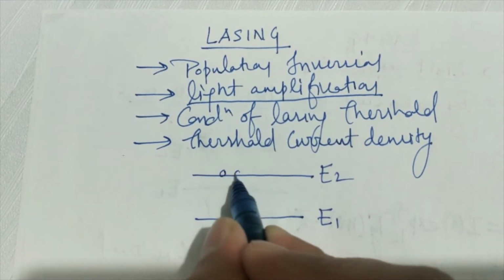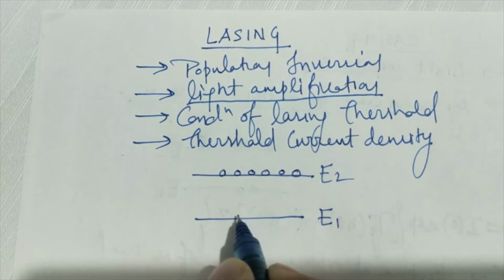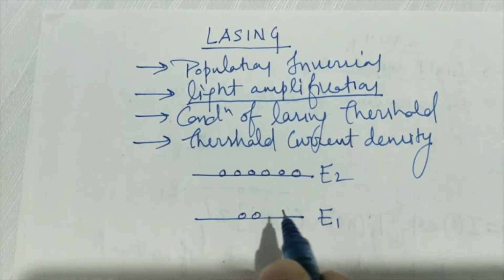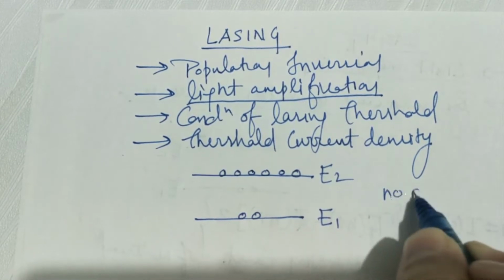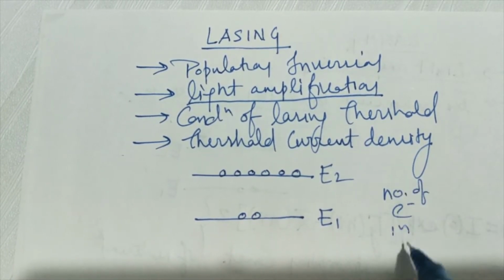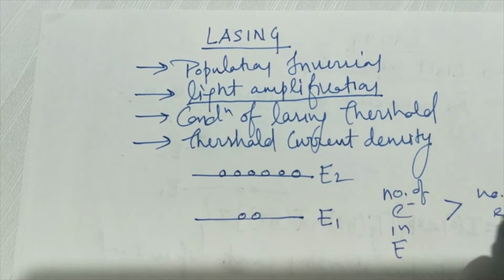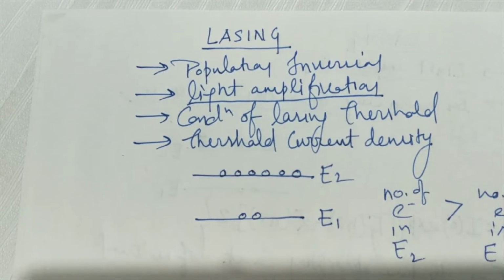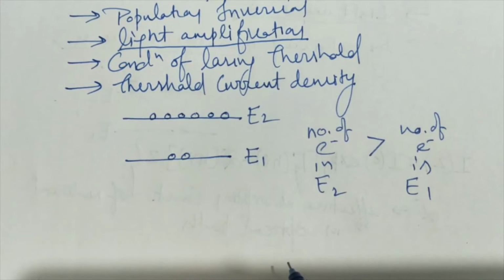When the number of electrons in the higher energy state exceeds the number of electrons in the lower energy state, then the condition is known as population inversion.